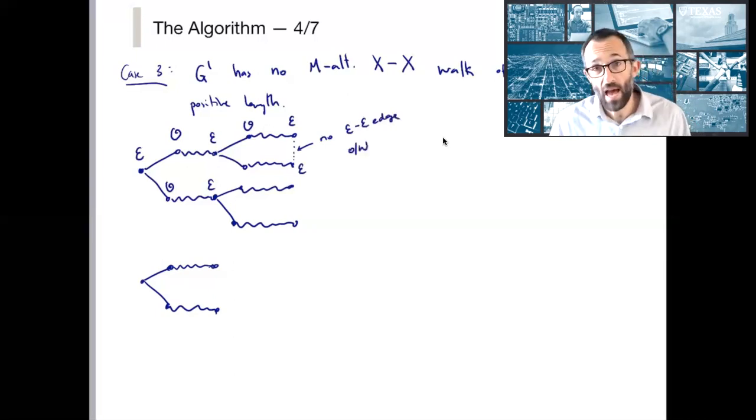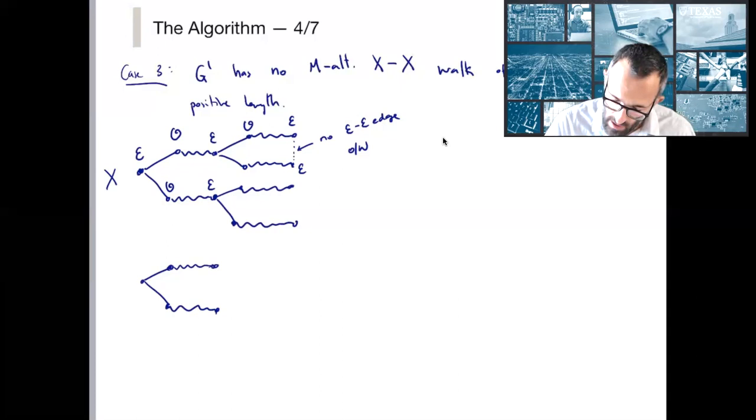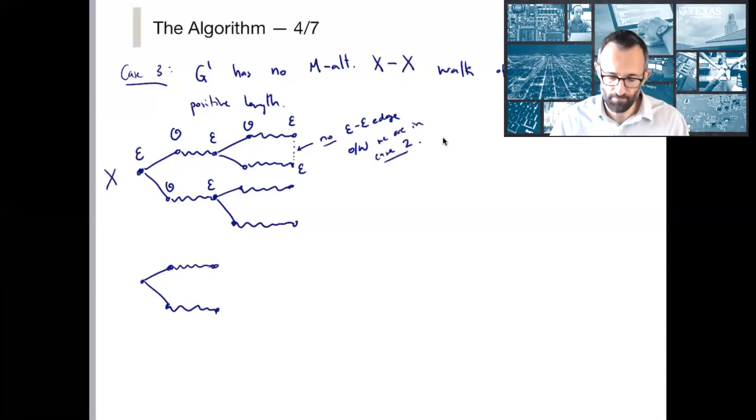Otherwise, we have a walk that starts in X. This original node is in X. It's exposed and ends in X. It just doubles back on itself. So there is no E to E edge. Otherwise, we are in case 2.